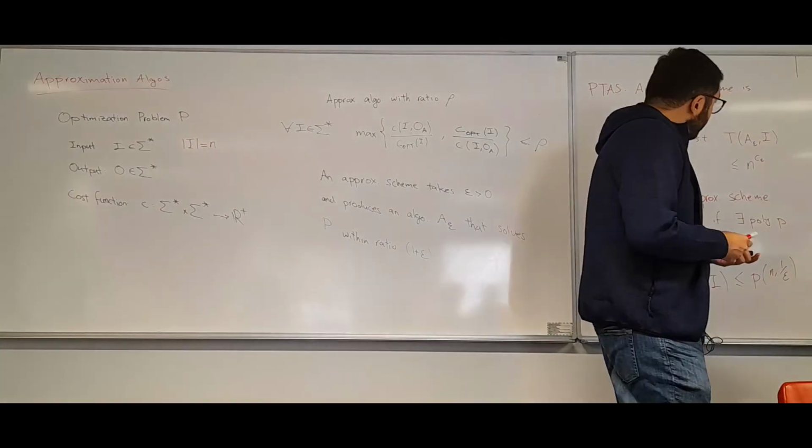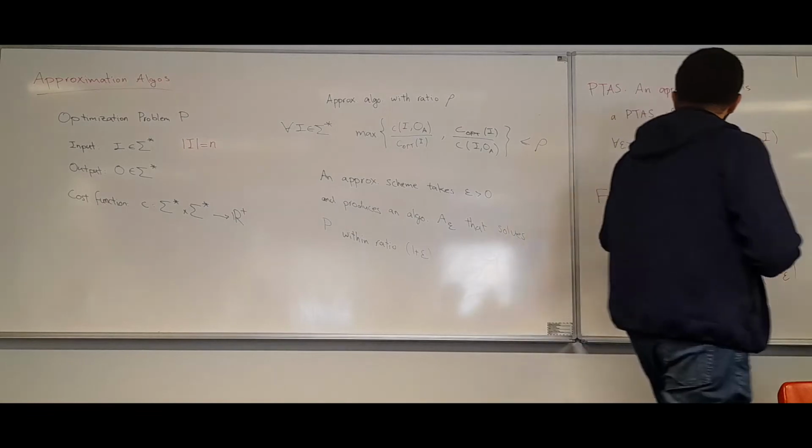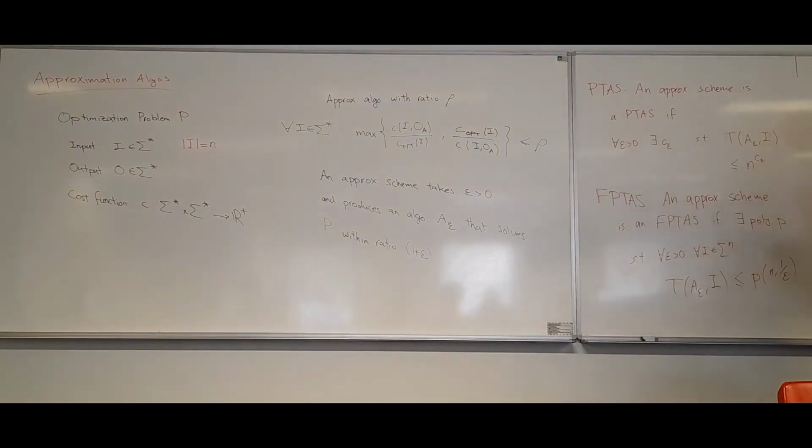So if I want to give you some examples, let's say I have an algorithm that has a runtime of O(n) to the power of 1 over epsilon, right? This would be a PTAS algorithm. Because for any fixed epsilon, this is polynomial time. But of course, the degree depends on epsilon.